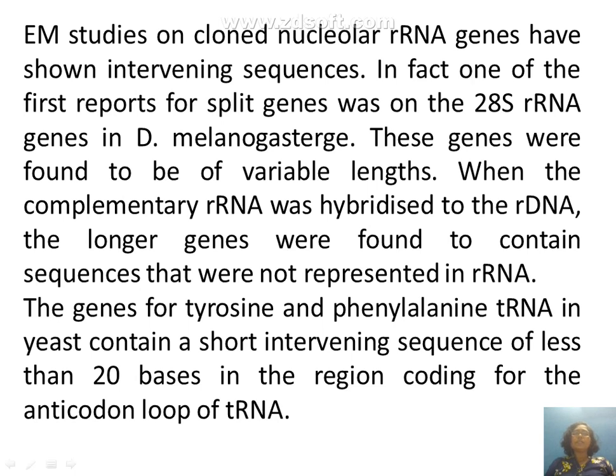These genes were found to be of variable lengths. When the complementary rRNA was hybridized with the rDNA, the rDNA was longer than the rRNA. It means there are intervening sequences which do not form the nucleotide sequence of the ribosomal RNA, so they are not represented in the rRNA.